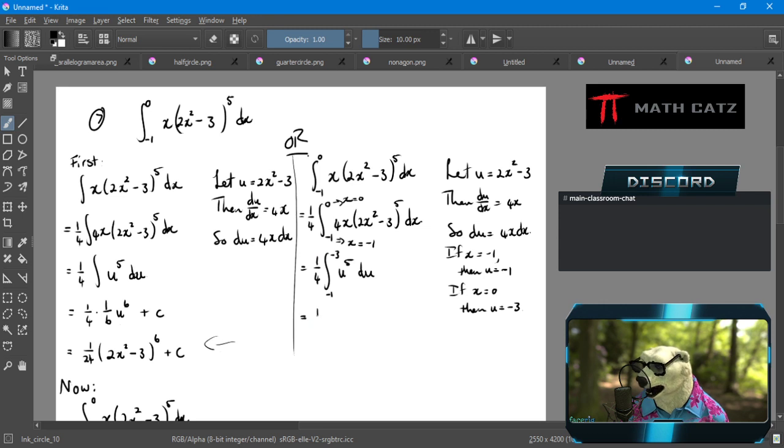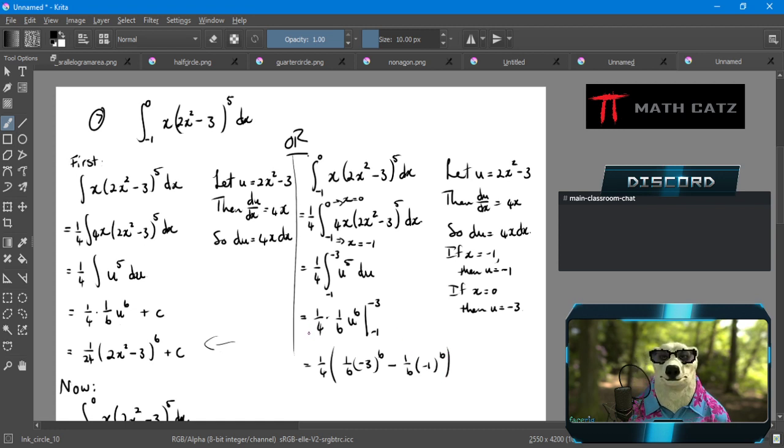Let me finish this. I have my 1/4 in front. I'm looking to find this definite integral, which means I'm looking for my antiderivative, which is in u, and I'm going to plug in the corresponding numbers for u, which means I have 1 over 4, which technically stays out in front, I suppose, 1 over 6, negative 3 to the 6, minus 1 over 6, negative 1 to the 6.